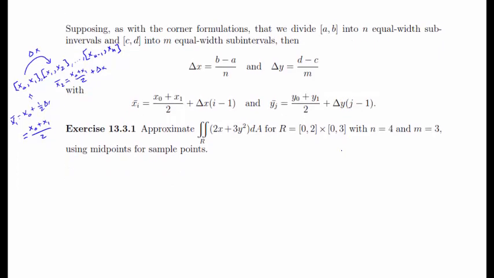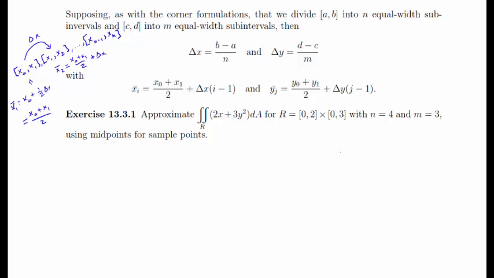So we're going to use this, and we're just going to do an approximation here. Doing the limits and all of that gets really long and tedious, so we just want to do an approximation for the double integral over the region R equals 0 to 2 in the x direction, 0 to 3 in the y direction of 2x plus 3y squared, delta capital A, with n equals 4 and m equals 3.